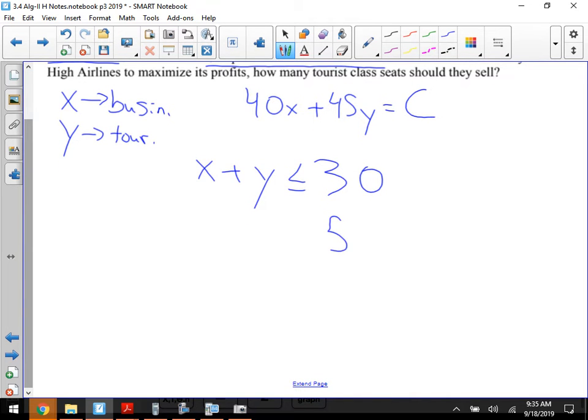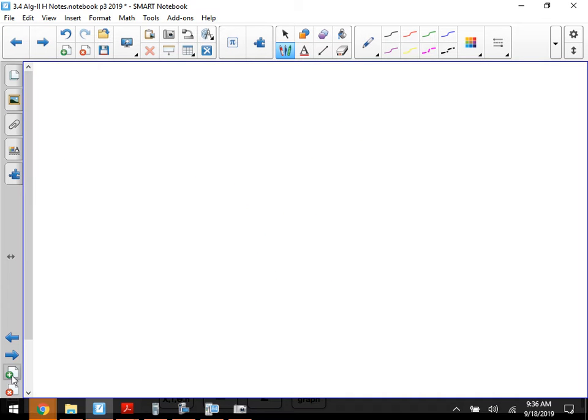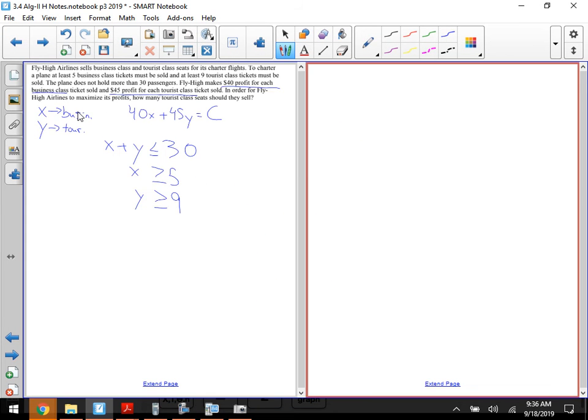Yes. Can you sell less than that? No. So 5 was the smallest amount you could have for business, including 5, and 9 was the smallest amount you could have for tourists. Can we have negative tourists and business people? No. They could be in a bad mood, I agree.